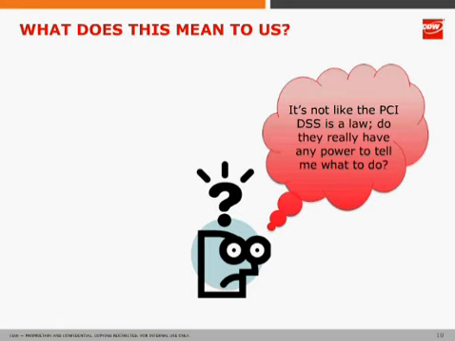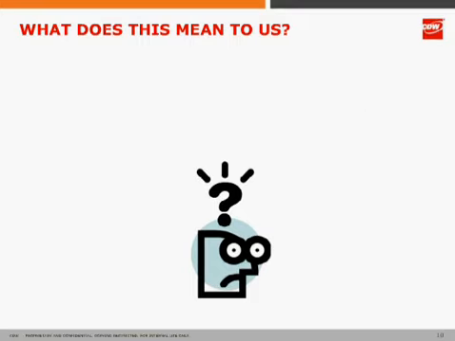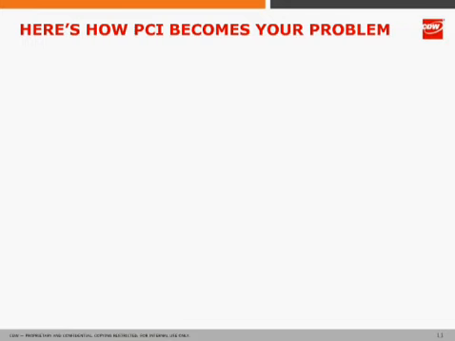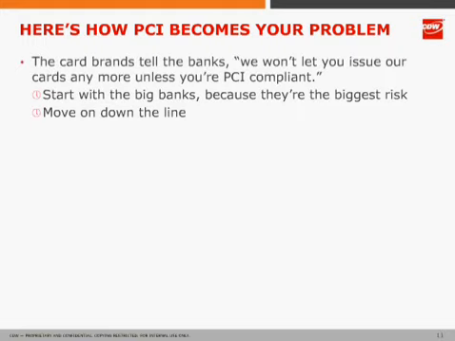Well, I got bad news. Here's how it really becomes your problem. It works not by law, but by contract. Basically the card brands said to the banks, hey, banks, Chase or Wells Fargo or Bank of America or whoever, you're not going to be able to issue our cards anymore unless you become PCI compliant.